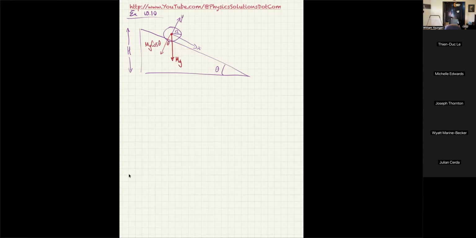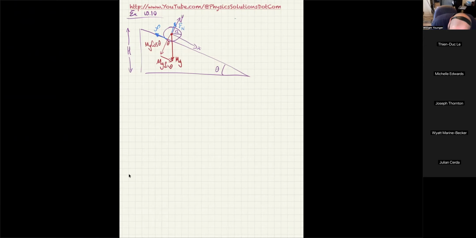So this is theta here, and then we also have this force right here, which is mg sine theta. We also have a normal force, Fn, that way, and we have a friction force this way.